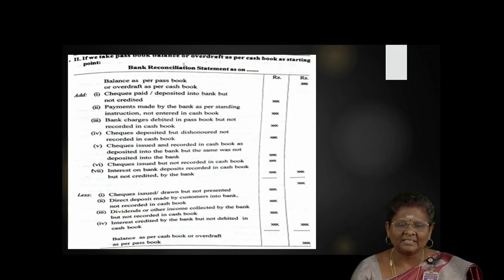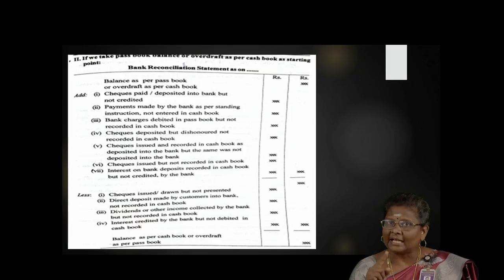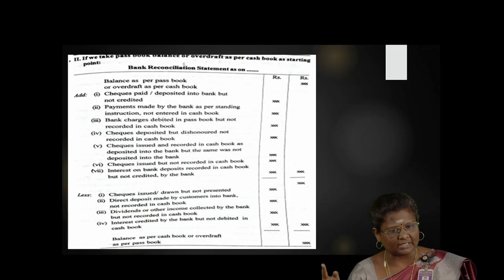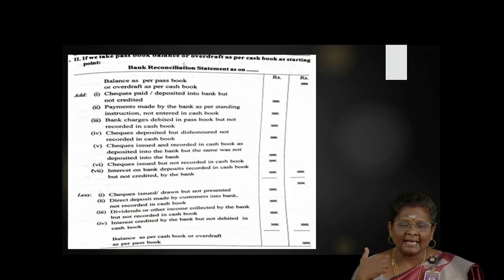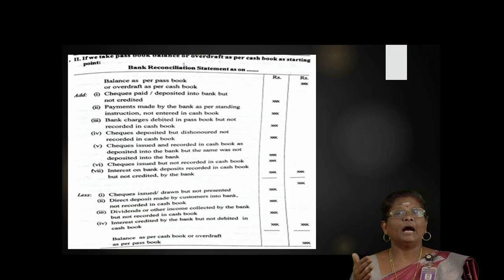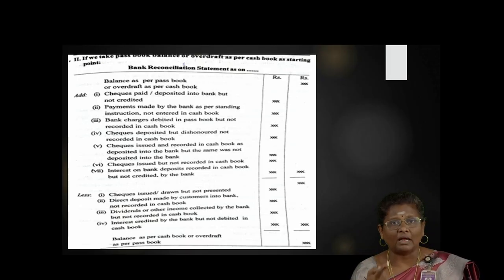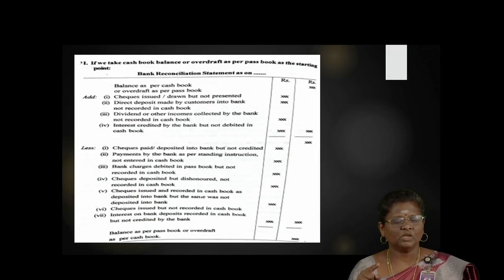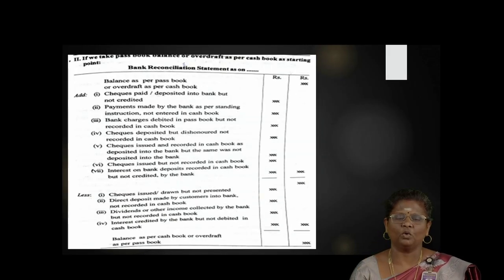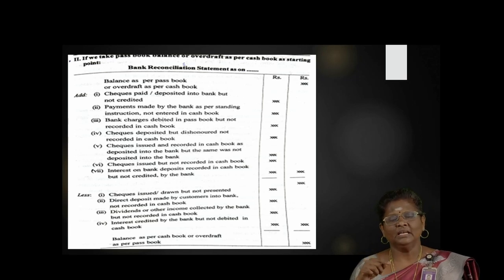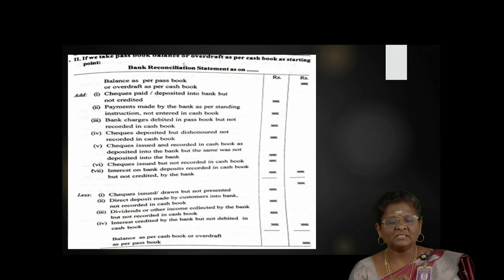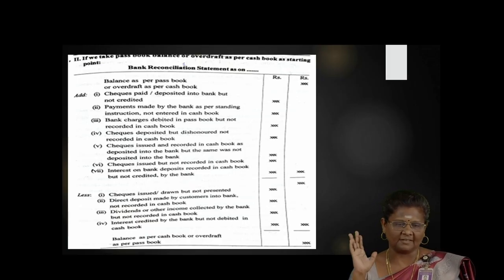So the balance as per passbook is the starting point, and we add certain items and less certain items. These items are already shown in the previous case. As per the same rule, we follow these addition items and deduction items. The balance is the balance as per cash book.